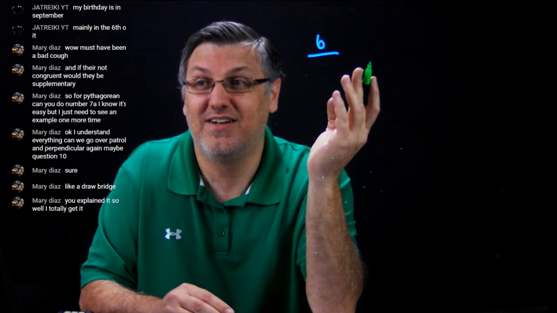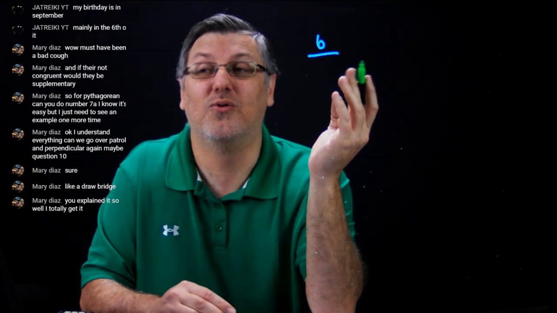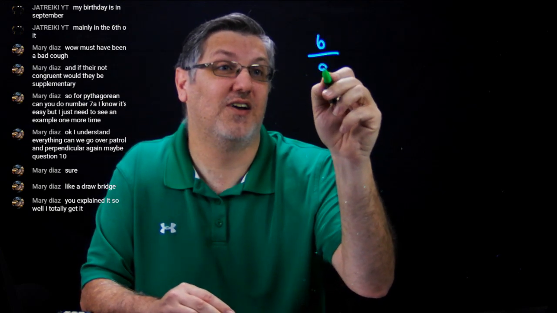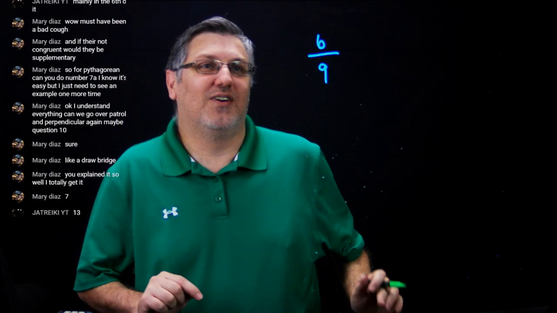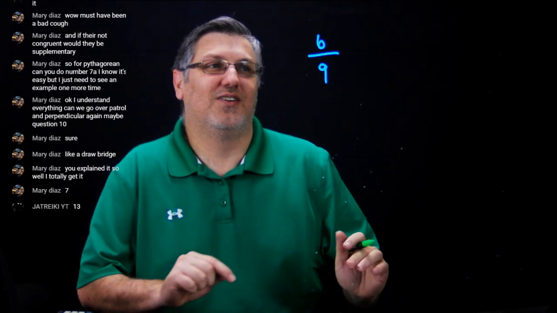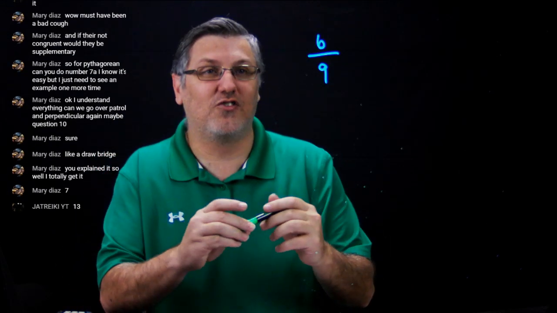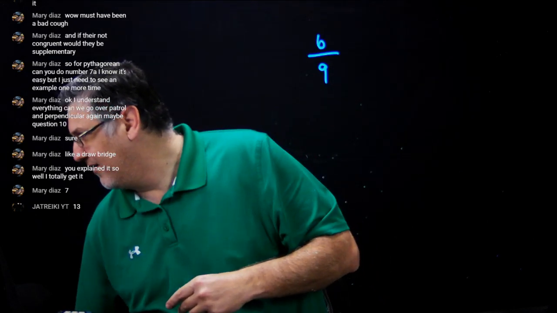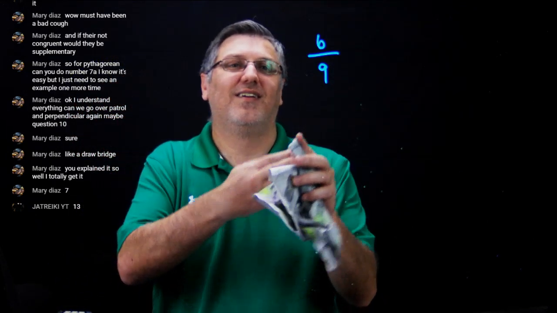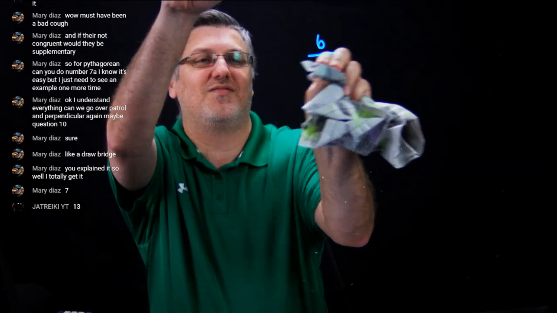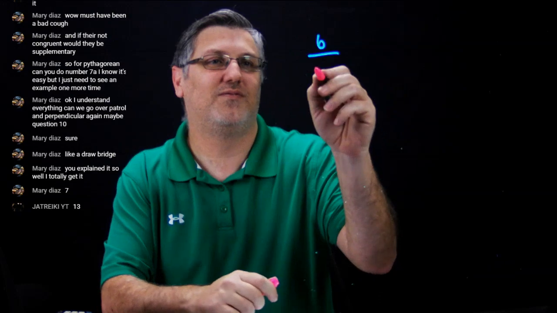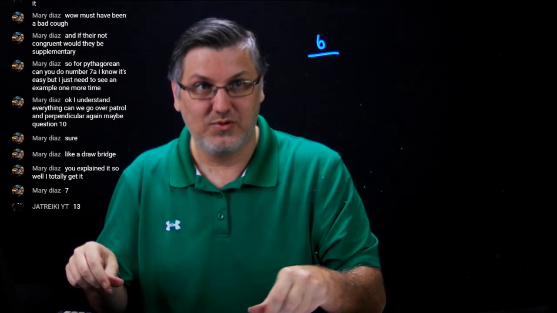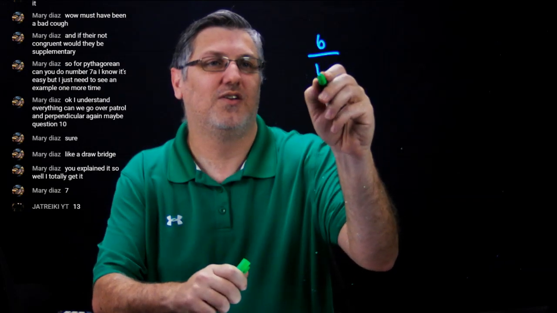You said odd. Oh, okay. 9. That works for me. All right. So I like 13 better than 9. I didn't know if you wanted to keep it below 10. 13's fine.